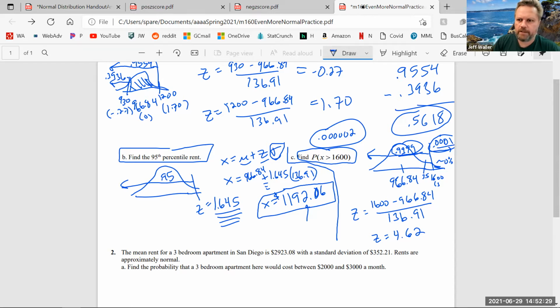So just to make it sound like I'm an alien, most humans would call 0.00000 whatever, we would just say that's about zero. So I would say about 0%. Just a little bit above 0%. So either way, you can either say 0.0001 or you can say about 0%. I'll accept either way for this kind of problem.